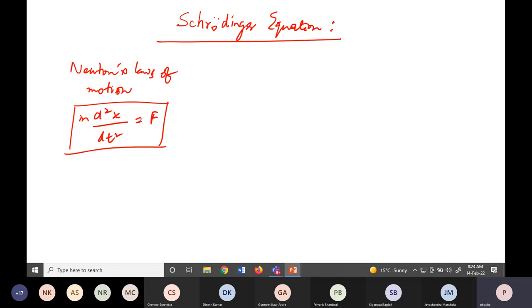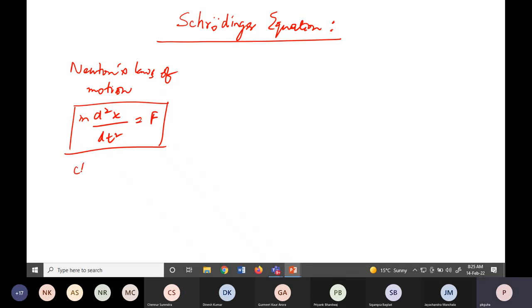So what Schrodinger tried to do was develop an equation which will tell about de Broglie's matter wave. Okay, so seeing Newton's laws of motion, Schrodinger tried to develop equations which will basically describe de Broglie's matter wave, right?